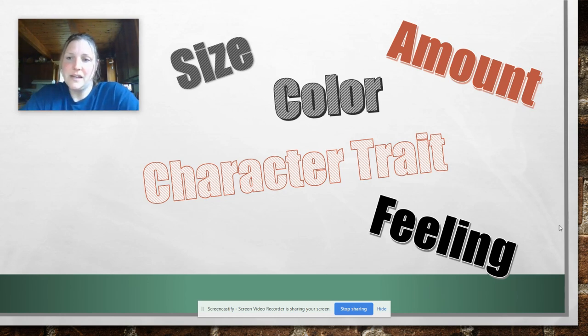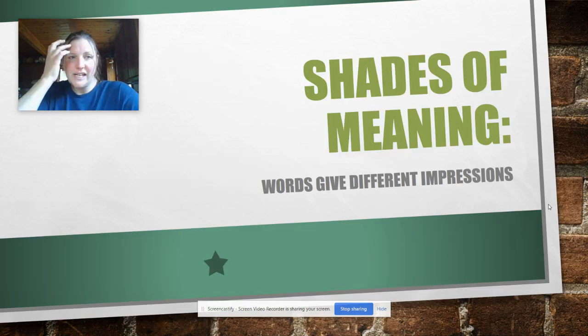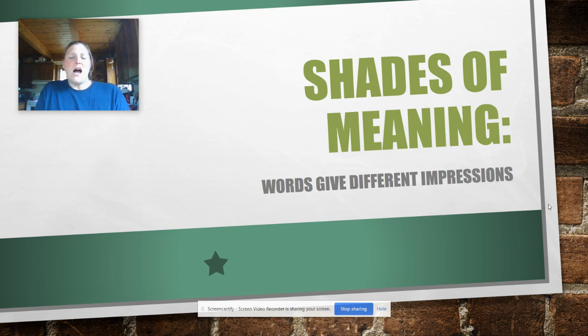So another thing that we're talking about this week, and it kind of goes along with adjectives because we can use this when we're choosing which adjectives to use. So shades of meaning. Shades of meaning is how words give different impressions based on which word you choose.